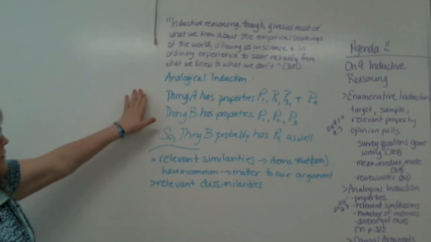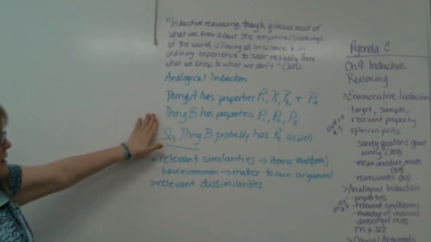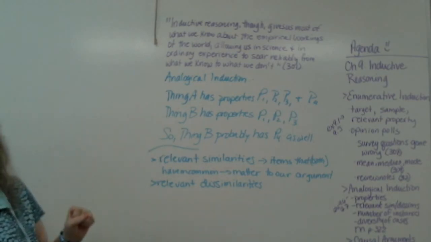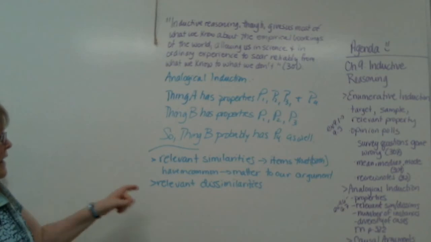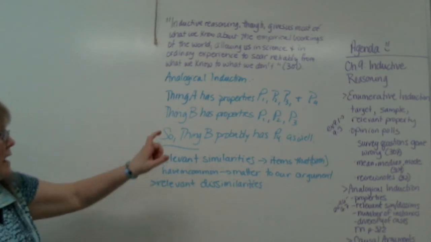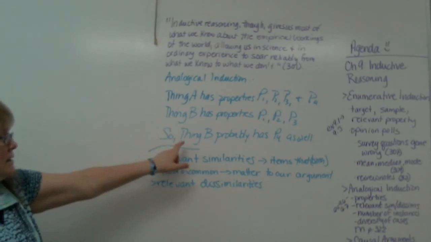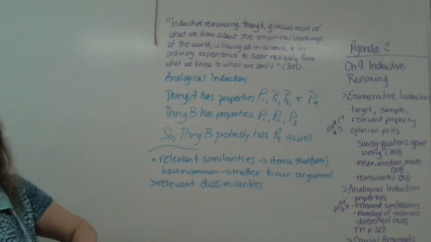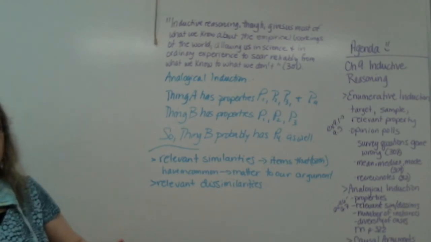And I'm going to tell you, thing A is, thing B is not. Thing B always has to walk on all fours. Well, that's something that's relevant in the dissimilarities and takes the possibility that thing B has a prehensile tail down a notch. This is a relevant dissimilarity.